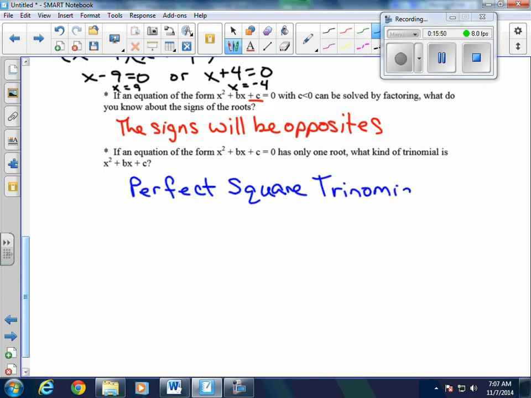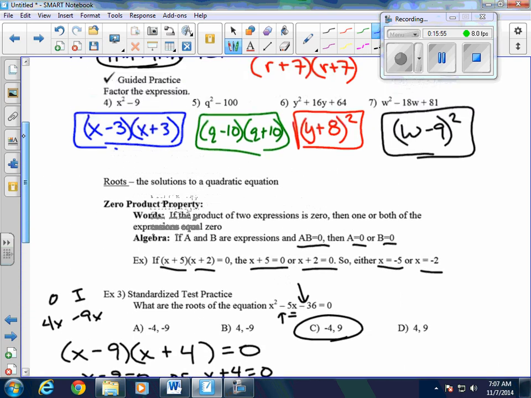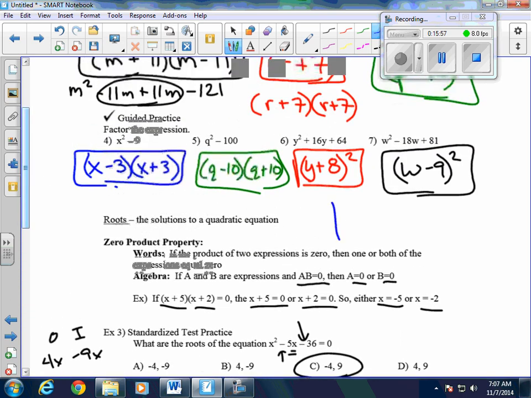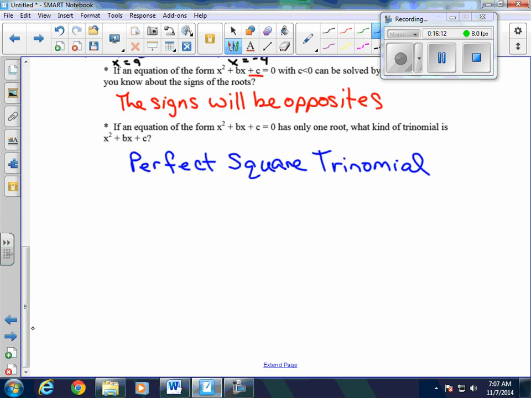And the reason is because if we look back up here, when we get to a problem like this one, if we set that equal to 0, you're only going to have one answer. Because we'll have y plus 8 equals 0 or y plus 8 equals 0. Well, that's going to result in the same thing. So we're only going to have one solution if that is a perfect square trinomial.